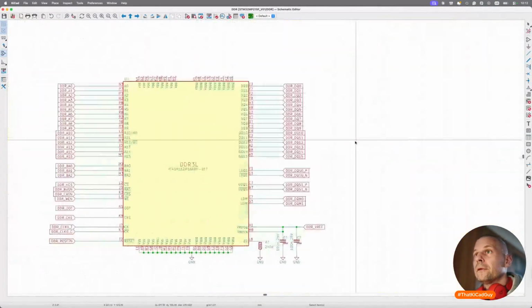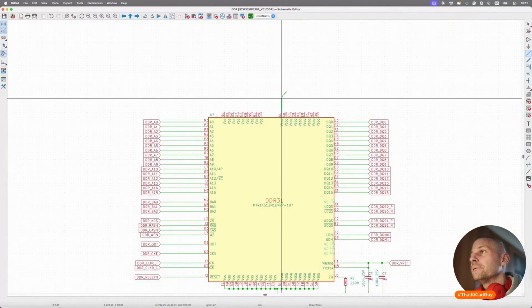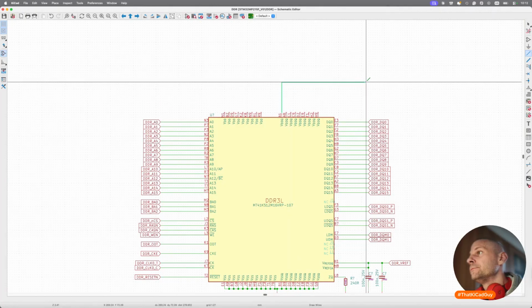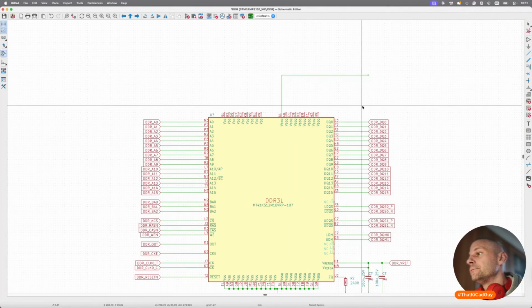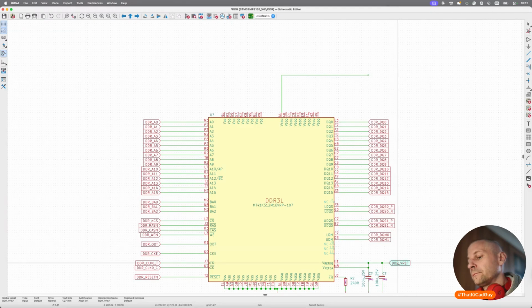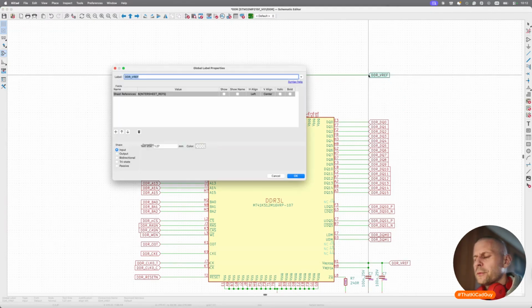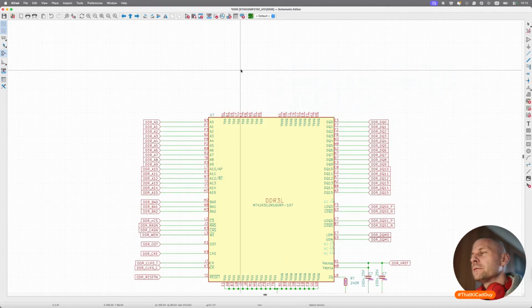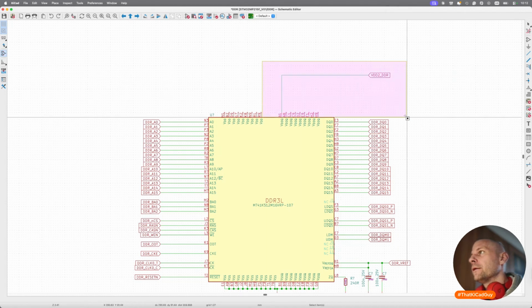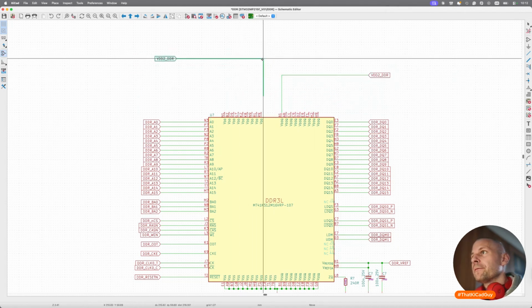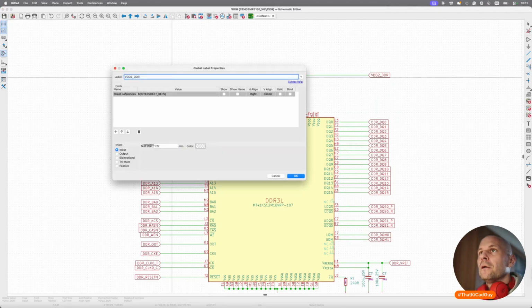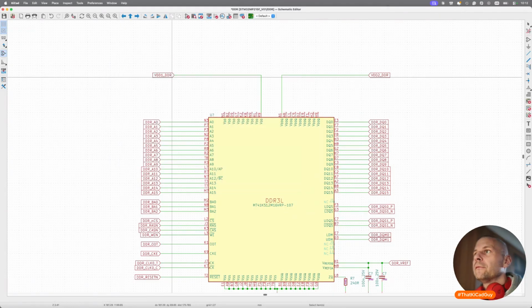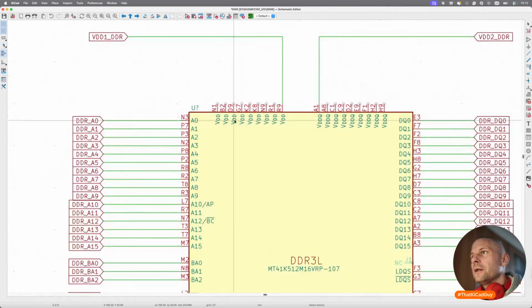Here will be VDDQ, VDD2, and the opposite will be CA or VDD1, fine.